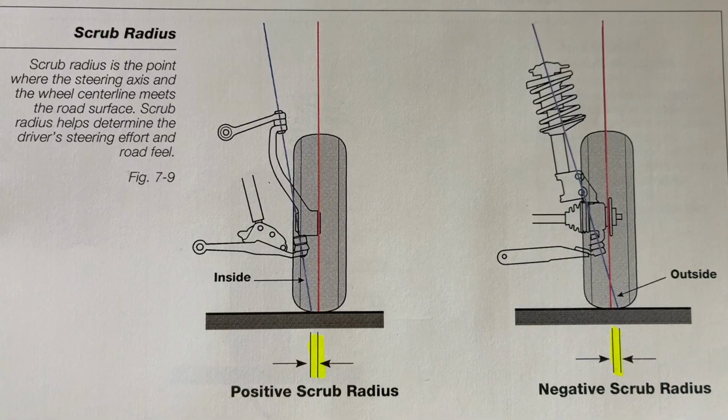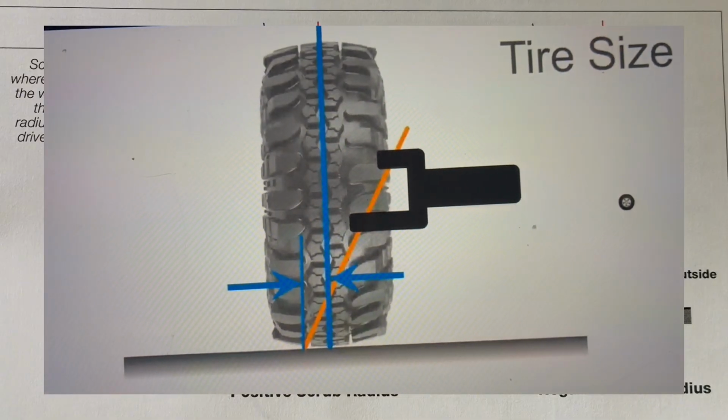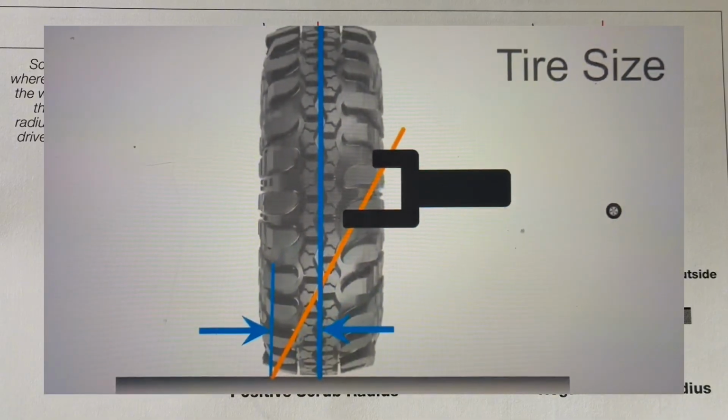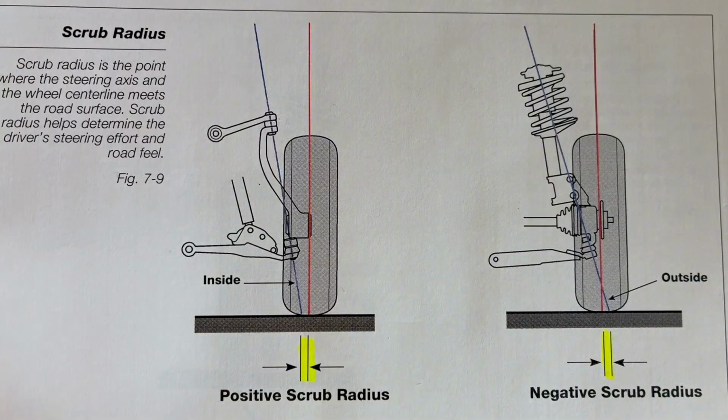Installing larger tires reduces positive scrub radius. For example, changing from 31 to 33 inch diameter tires will reduce scrub radius by about 5 millimeters. I use my GX470 as an example.